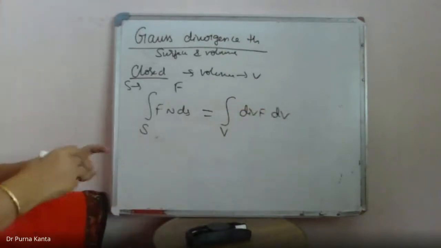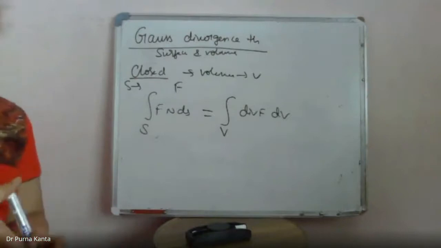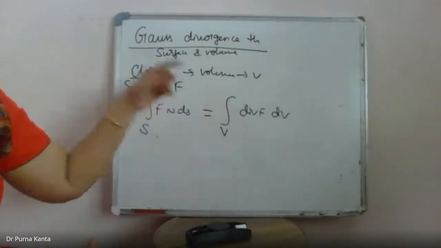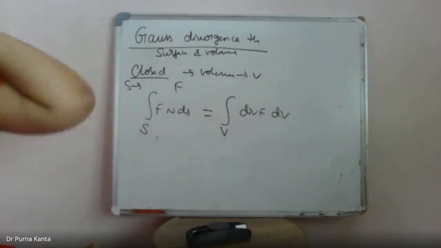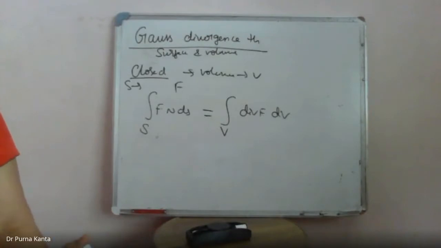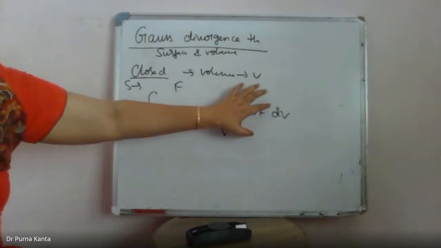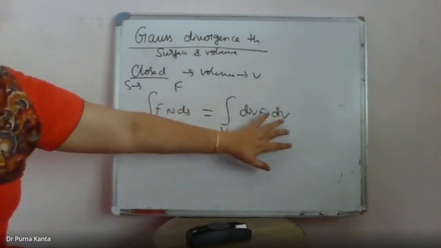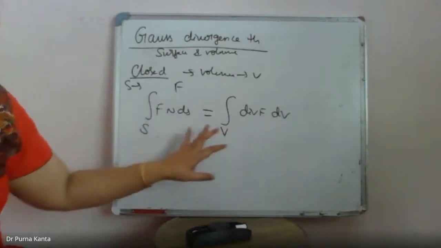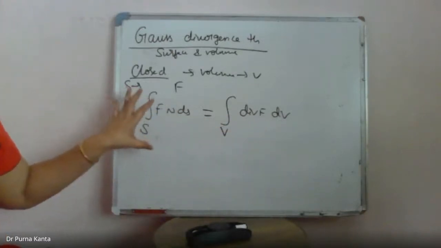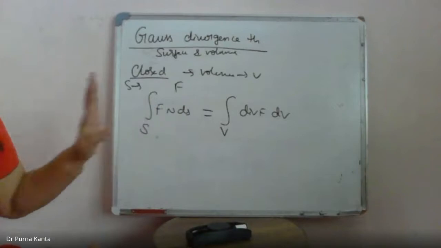What is the meaning of divergence? If you remember, we have seen how to calculate divergence for a given vector: dou by dou x of f1 plus dou by dou y of f2 plus dou by dou z of f3. We know how to calculate divergence. The triple integral of the divergence of that function dx dy dz is equal to the surface integral, which is nothing but the integral over S of F dot n dS.